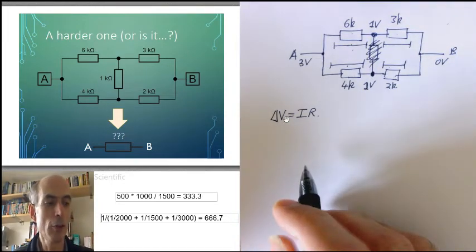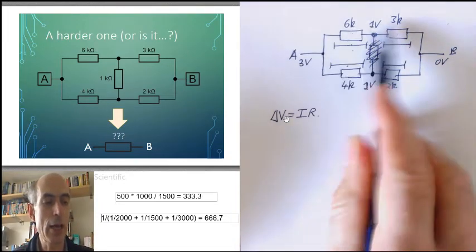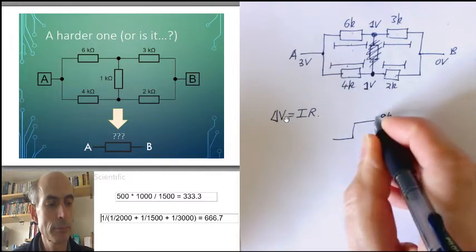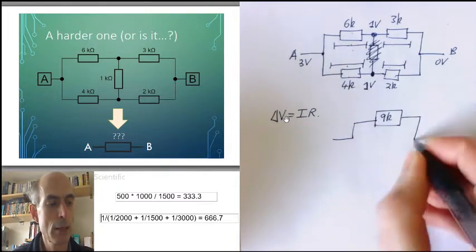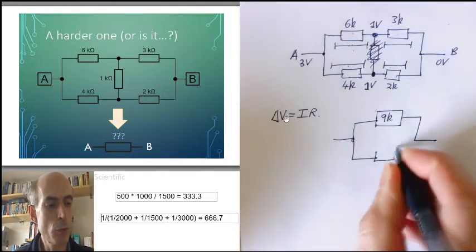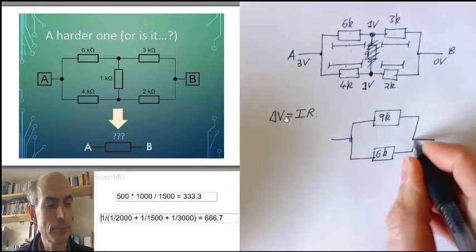We can just analyze this as a 6K and a 3K, which would be a 9K resistor, in parallel with a 4K and a 2K, which would be a 6K resistor.